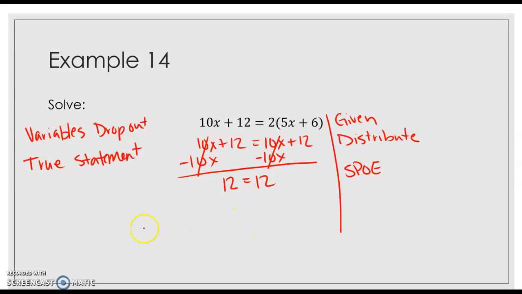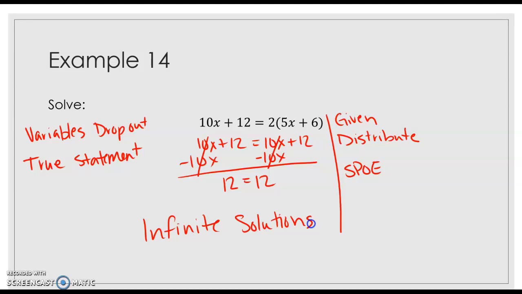Then you have infinite solutions. So my variables went away and I was left with 12 equals 12, which is true. 12 does equal 12. And you may have noticed up above 10x plus 12 equals 10x plus 12. It was the exact same thing on both sides of the equal sign. So if that happens, then you have infinite solutions.